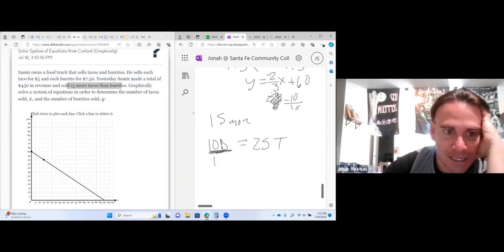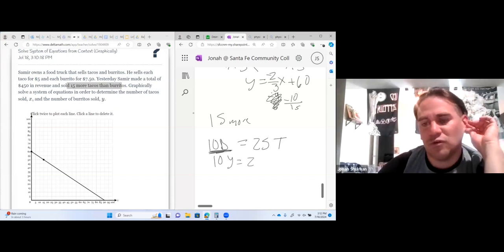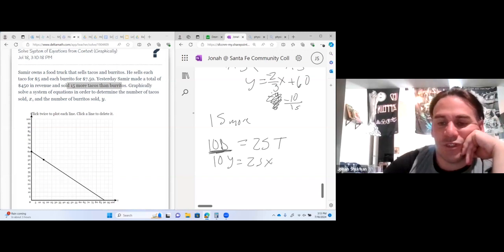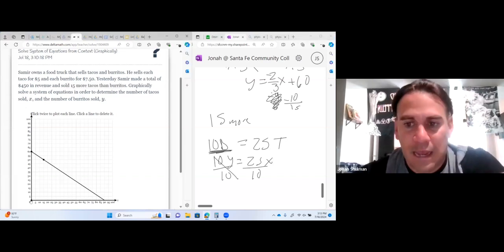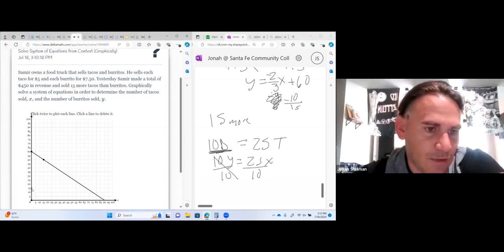So if it is 10 burritos, right? So that's 10y equals 25x. Now we just want y alone, so we have to divide this by 10, divide this by 10. So the other equation is just going to be 0, 0. And we just have to go up 25 over 10.